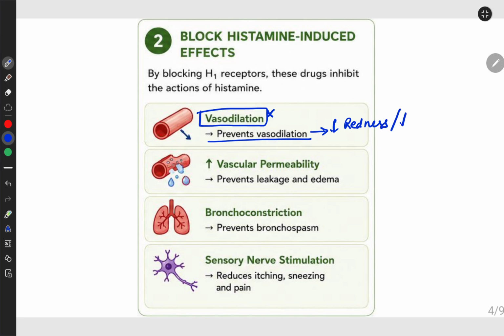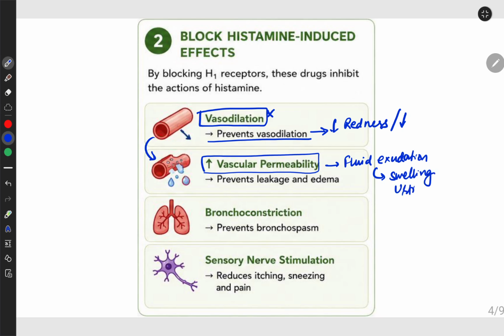They also block the vascular permeability that is induced as a result of vasodilation in the capillaries that was leading to fluid exudation. This contributes to swelling and urticaria, and all these effects are blocked by the antihistaminic drugs.